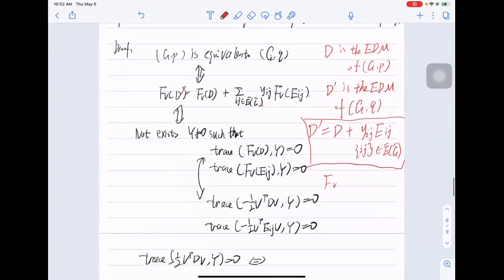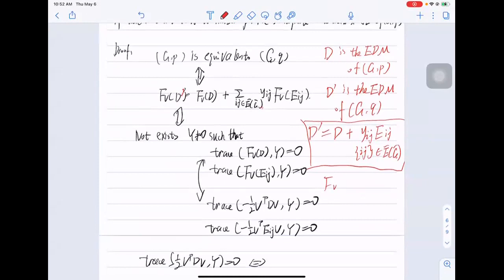Yeah. And then because this FV is a one-to-one mapping between the EDM cone and the PSD matrix, we have this relation. Just applying FV, this FVD is the PSD matrix, right?